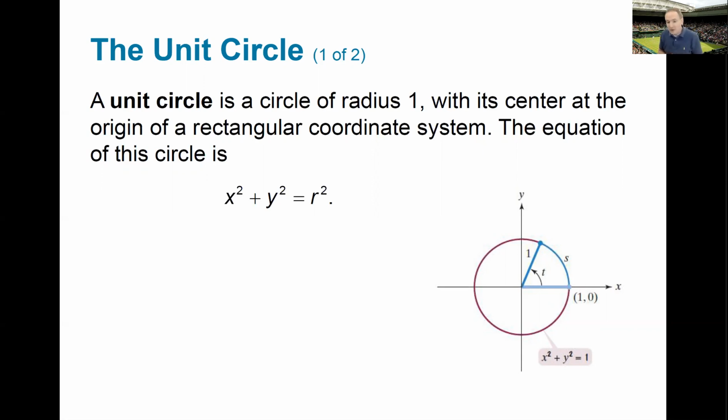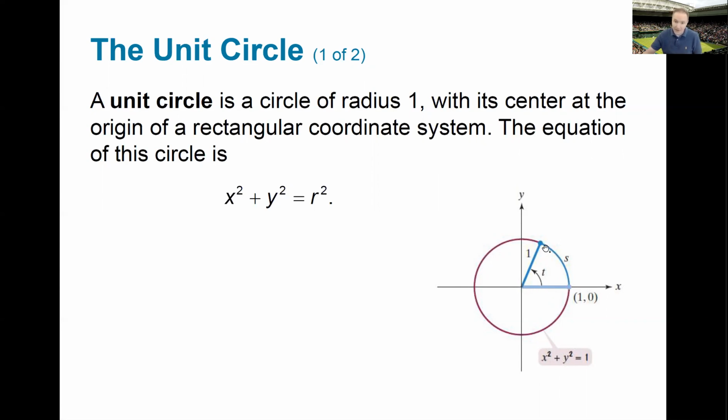Now, if I'm talking about a unit circle, then any point on the circle is going to be a distance of 1 from the center of that circle. And I can say that, given the Pythagorean theorem, x squared plus y squared is going to equal 1, because x is just the horizontal distance of any point.